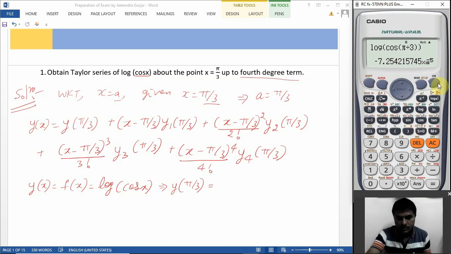Or there is another way: cos of pi by 3. At least you should know what is cos pi by 3. It is 0.9998. So you can substitute the value, you can directly write the answer.